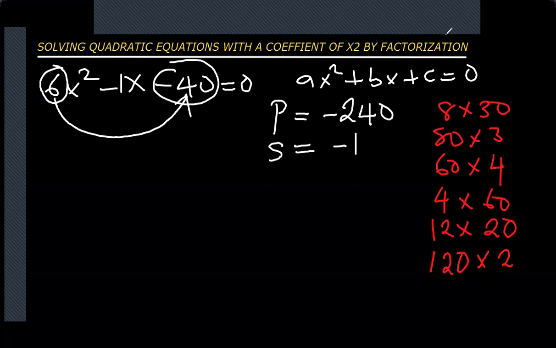Now help me out. Do you have other possibilities? Two numbers you multiply and they'll give you 240, and their sum will be negative 1. Do you have such numbers? If you add them, they give you negative 1. Do you have such? Quickly, I give you 1 second to think.